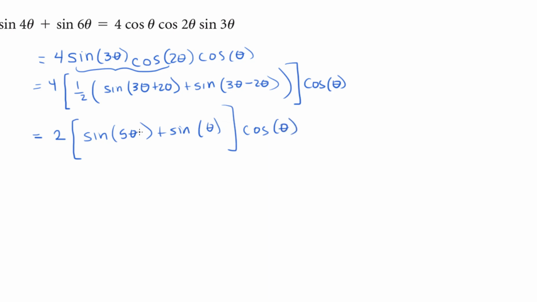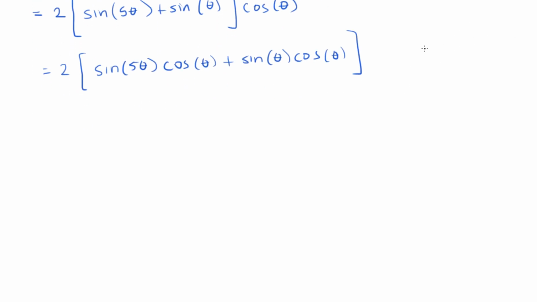I'm going to distribute the cosine and leave the 2 outside: sine of 5 theta times cosine of theta plus sine of theta cosine of theta.